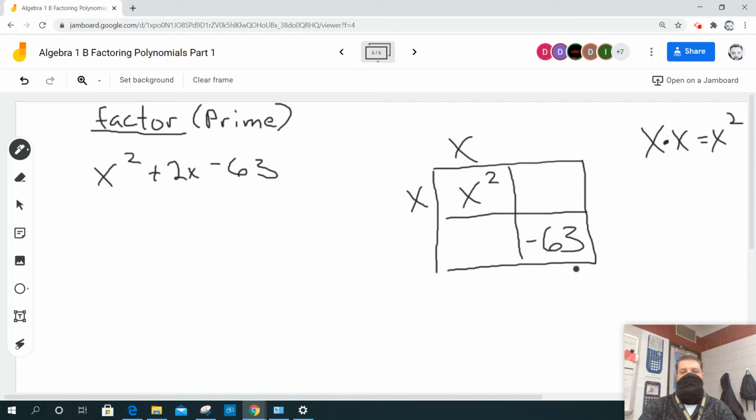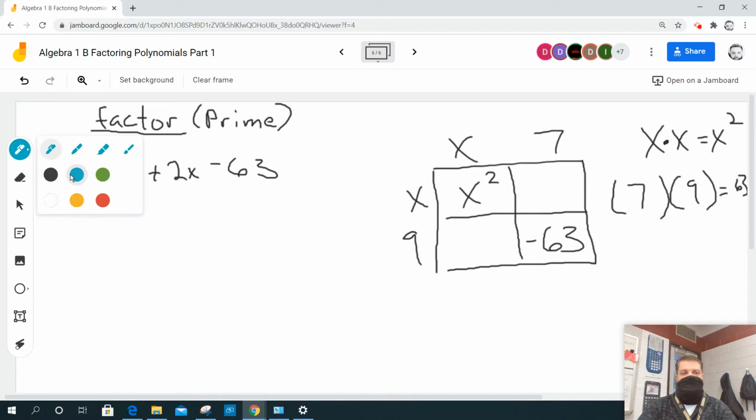Now what do I multiply to get 63? Well, 7 times 9 equals 63. Okay? So I'm going to put a 7 here, and I'm going to put a 9 here.